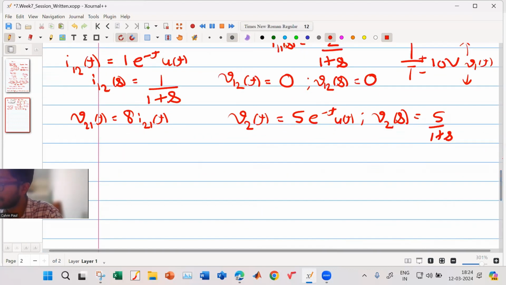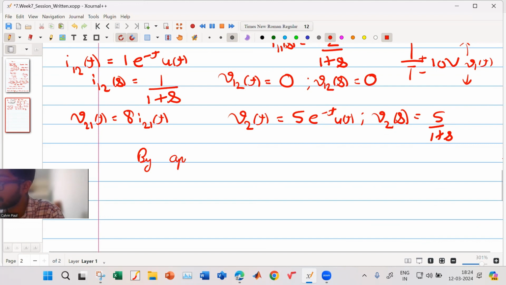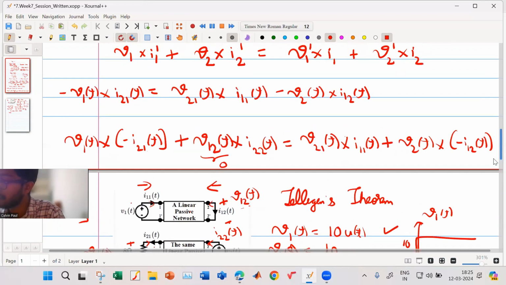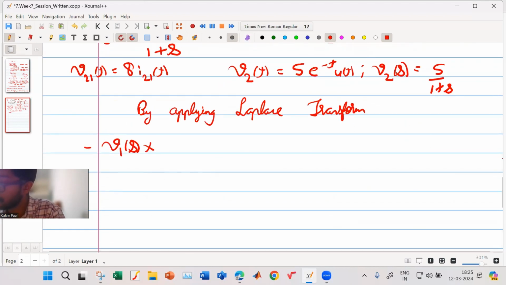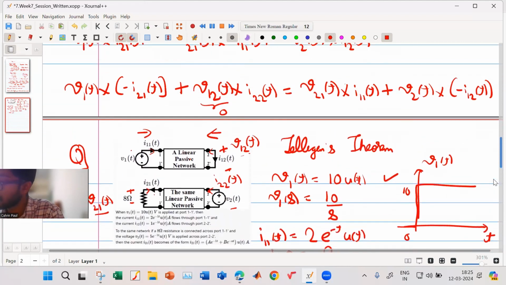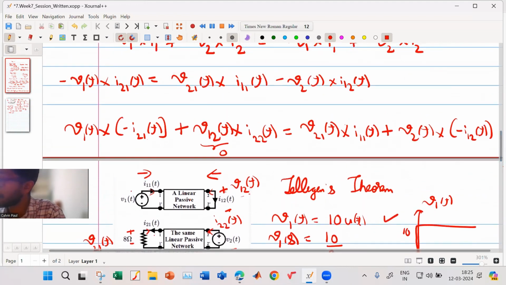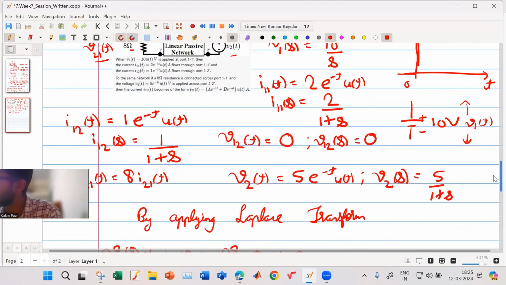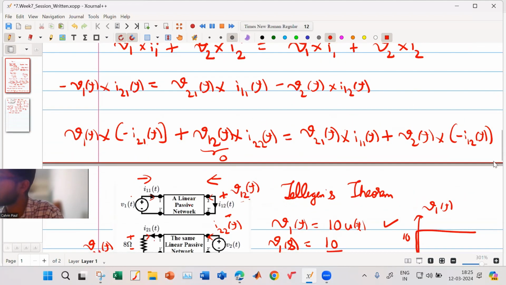So we'll get minus V1 of S into I21 of S is equal to V21 of S into I11 of S minus V2 of S into I12 of S.